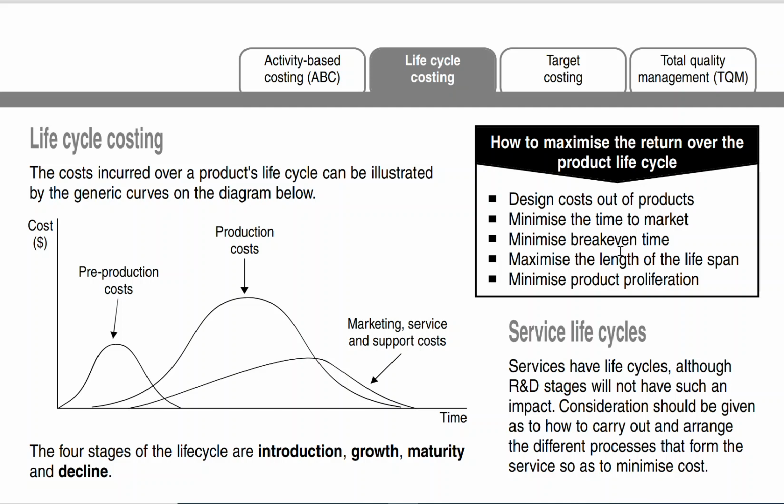Make it cheaper. Remember, design out cost means reducing the cost of a product, but at the same time not affecting the quality. So only non-value added costs should be removed. Minimize time to the market, which means release quickly to the market, especially if it is a technological thing. If you take a lot of time to release the product into the market, it might become obsolete, so your return will not be as much.